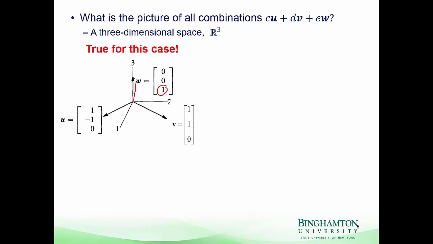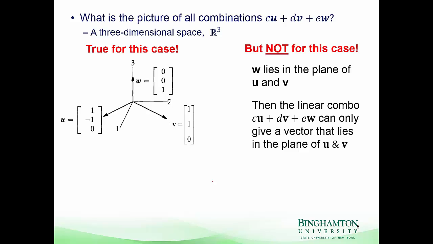So it sticks straight up out of the plane formed by the 1 axis and the 2 axis. So in that case, this is true. If I tried to combine these things using a linear combination, I could form any vector out of these three vectors, and you should try to visualize how you might do that.